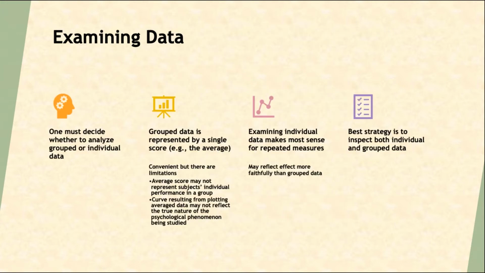Then we go to examining the data. Typically, the data from individual groups or conditions are used to compute summary statistics such as the group average that represents the group or condition as a whole.